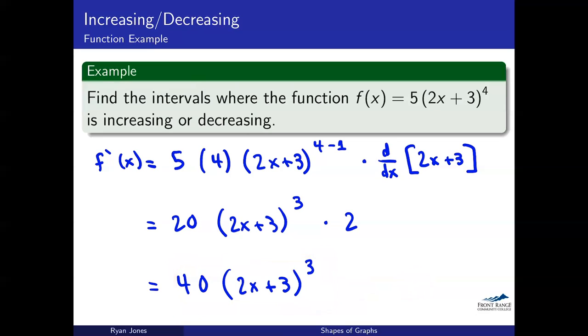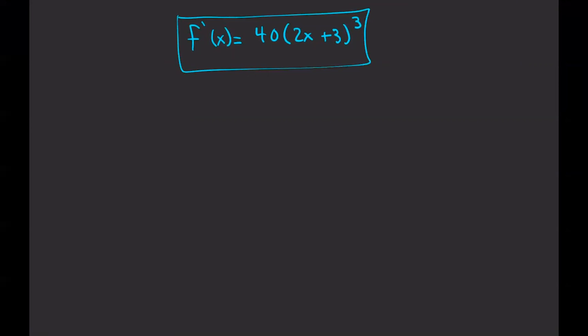Let's go ahead and add a new slide here. So we've got f prime, and I'll go ahead and write this up on the top. F prime of x equals 40 times (2x plus 3) cubed. Got that right there.